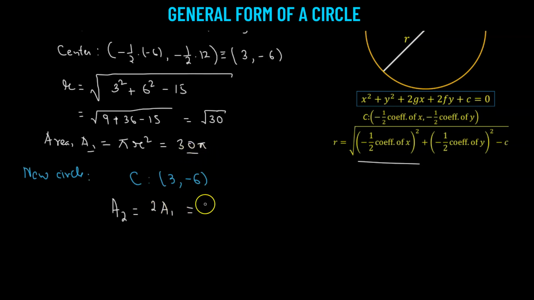So 2 times 30 pi will become 60 pi. Now let's find out the radius. Since we are considering A2, we'll consider the radius to be R2. So we have pi R2 squared equals 60 pi. Solving for R2, we get square root of 60 units. This is going to be the radius of the new circle. Its center is going to have the coordinate 3 comma negative 6.